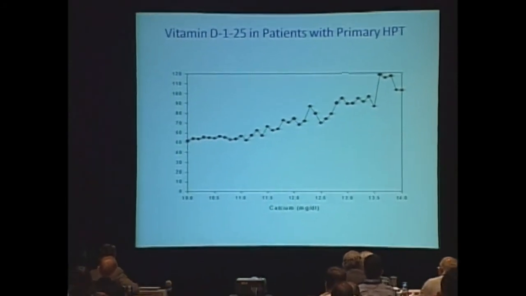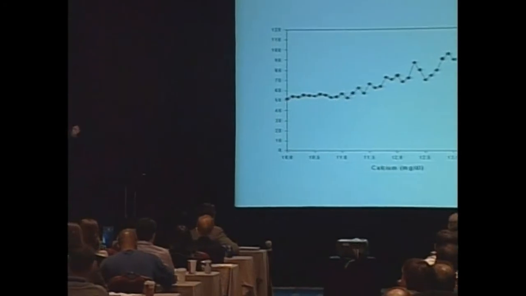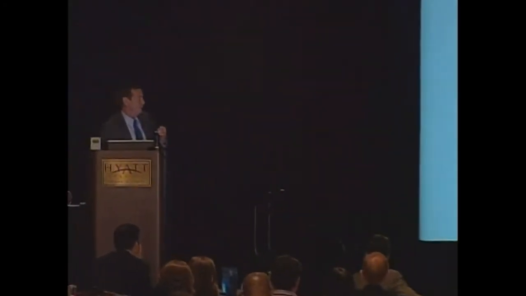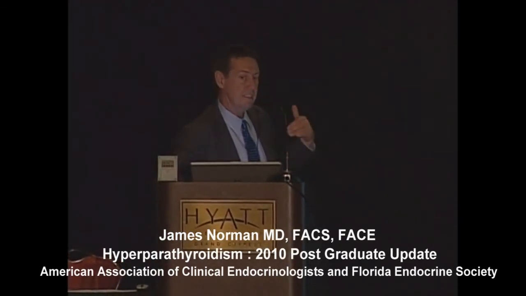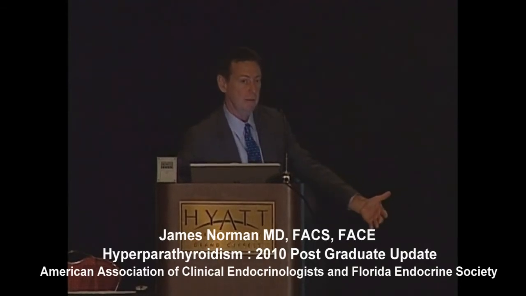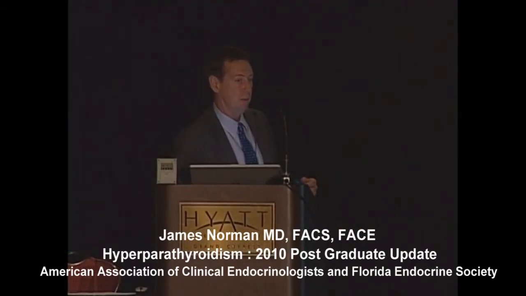So the longer they've had it, so it's not just the degree of elevation of calcium that causes the decrease in vitamin D25 and increase 125. It's the duration that these patients have had calcium greater than 10.2.